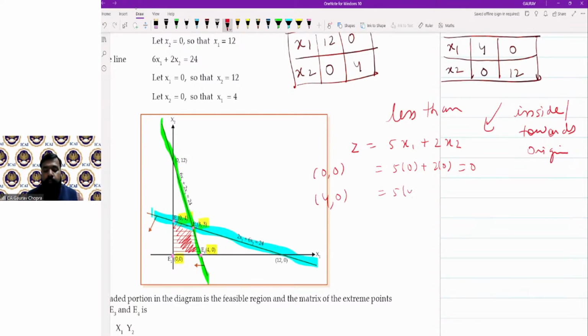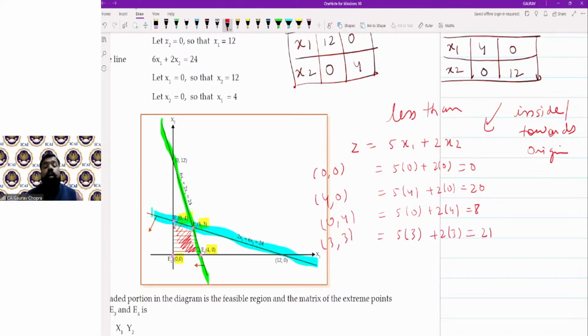It becomes 5 into 4 plus 2 into 0, it is 20. Third one 0, 4: 5 into 0 plus 2 into 4, it is 8. And the last one 3, 3: 5 into 3 plus 2 into 3. So what is the result?